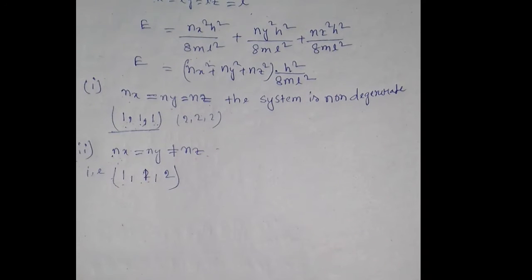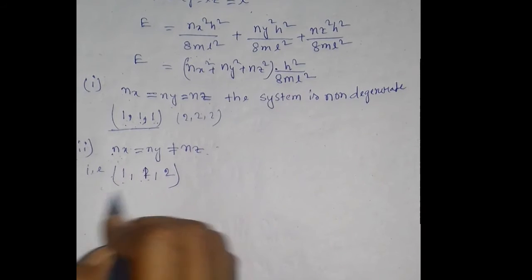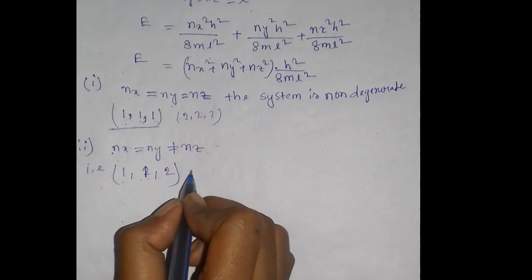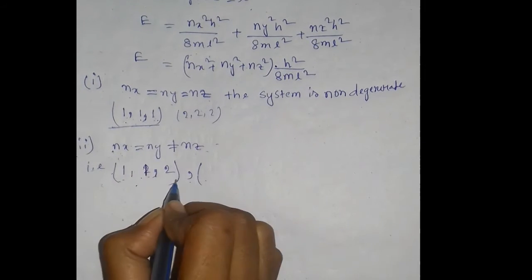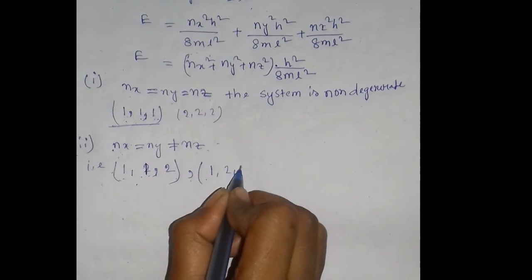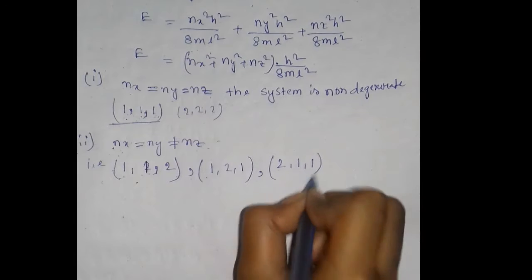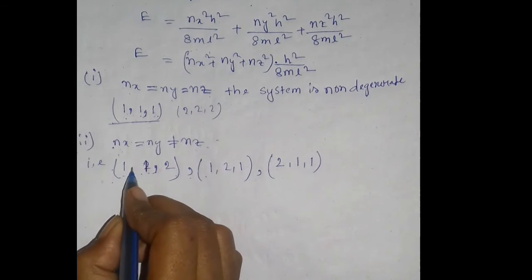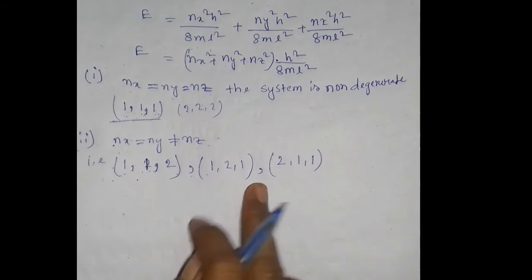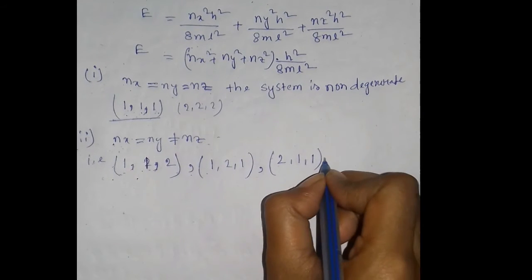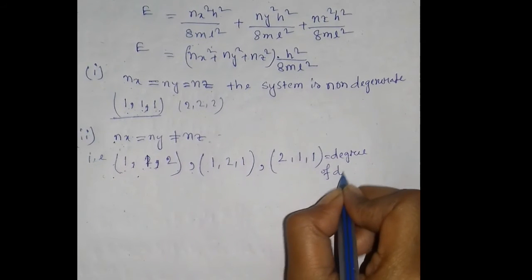Then we can arrange them as 1, 1, 2 or 1, 2, 1 or 2, 1, 1. That means there are three possible ways to orient them, so the degree of degeneracy is 3.